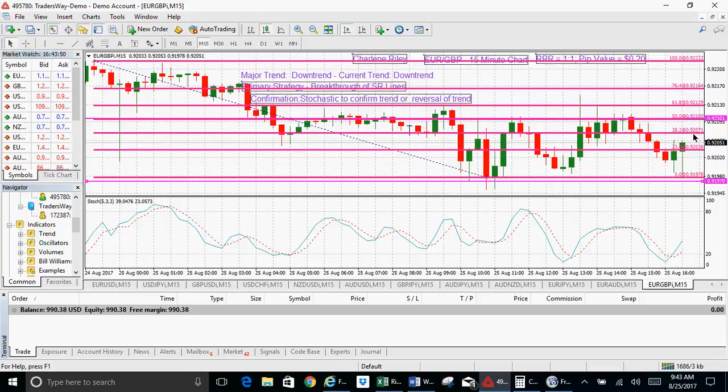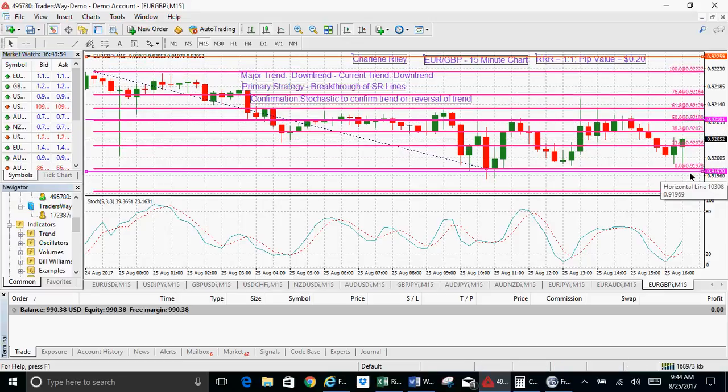Well, actually, I'm going to say a break above the 92071 as for a break above to confirm a reversal, and that would get me to enter into a buy with the stochastic going above 50. Or conversely, if I have a break below the 91978, that would get me to enter into a sell.